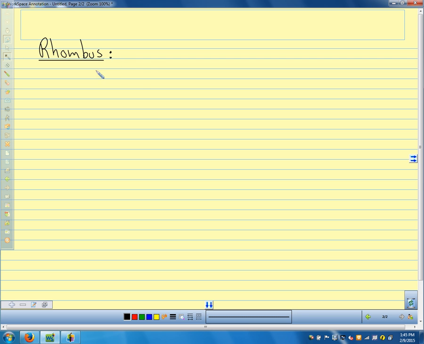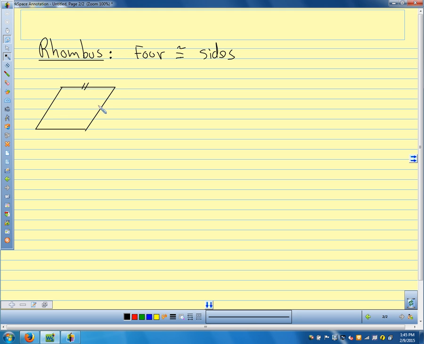Another thing that makes a rhombus special is it has four congruent sides. So your rhombus looks like so. A lot of times we think of a rhombus as a diamond. And all of the sides of our rhombus are congruent.